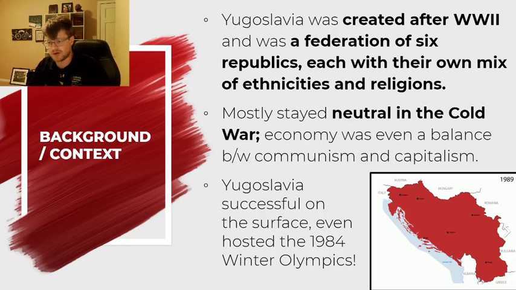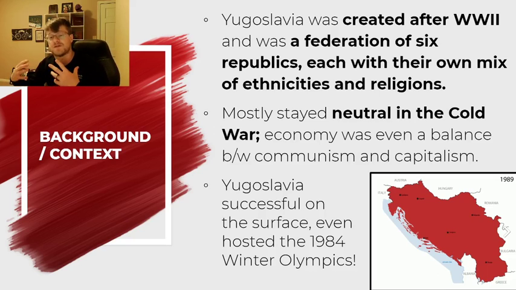Yugoslavia was actually created after World War I and then recreated after World War II, as you see here. But Yugoslavia is really, really weird. What I mean by that is it's very unusual in terms of how it was designed. So after World War II, Yugoslavia is a federation. It's a federal system, kind of like how the United States has a national government and then it has states underneath it.